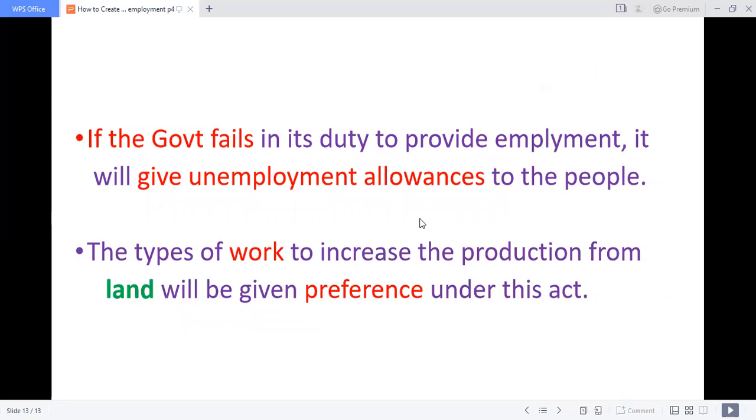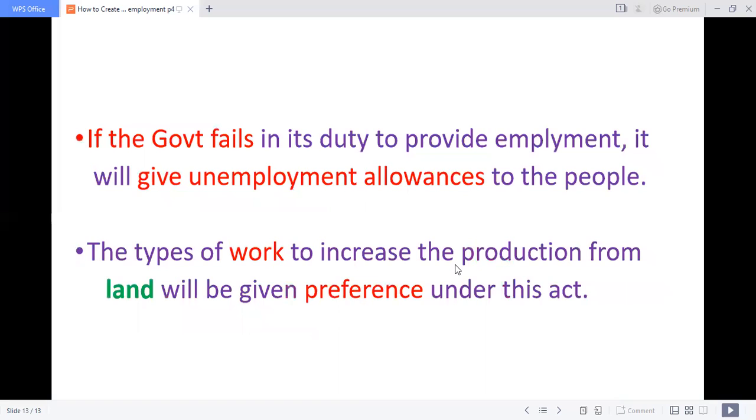If the government fails in its duty to provide this 100 days work, it will give unemployment allowance to the people without work. If they are denied work, they need not work; even without working, they will get the allowance. So this type of work will be given preference in land development programs.